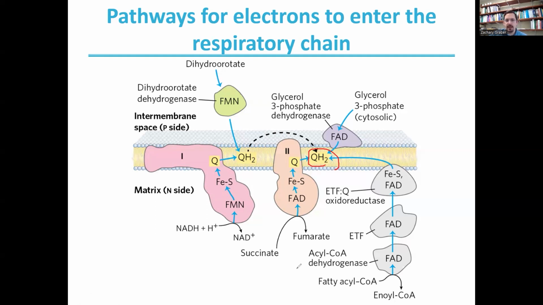On the inside in our mitochondrial matrix, fatty acid beta oxidation will produce FADH2 through our acyl-CoA dehydrogenase as we convert our fatty acyl-CoA, that's our alkane form, to our enoyl-CoA, that's our alkene form.